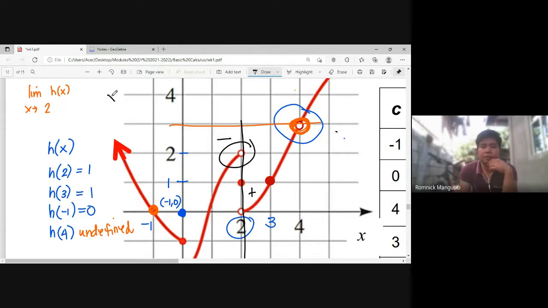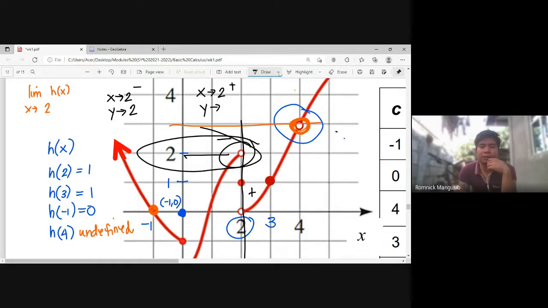So, ibig sabihin, as x gets closer to 2 from the left, ang nangyari kay y gets closer to 2. Ayan o, yan ang pairing niya. That's left. Pero pagdating mo sa right, x gets closer to 2 from the right, what happens to y? Y gets closer to ano? Saan papunta ang y? Kung ang x ay nilalapitan ang 2, ayan nakikita nyo yung movement, saan papunta ang y?